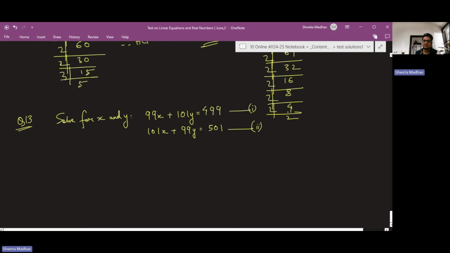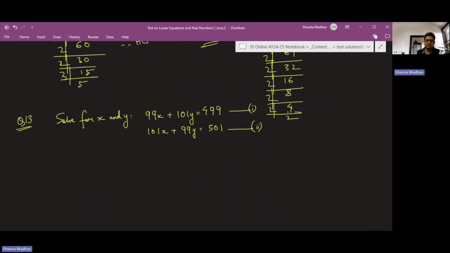Now in equation 2, the coefficients of x and y have been interchanged. In this type of equation, we can first add them and then subtract, and we get two new equations which can be solved to find x and y.